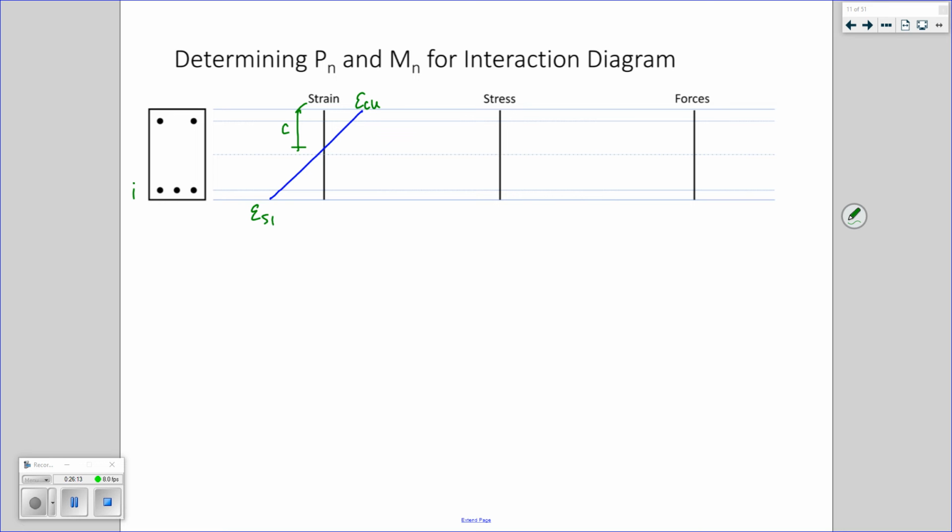We're going to call the bottom the tension steel 1, the top 2. Right now 1 is in tension, 2 is in compression. If our moment goes the other way, like seismic force, they could switch. So 1 is in compression, 2 is in tension. For now, we're assuming this. And this right here is the strain in our compression steel, ES2.